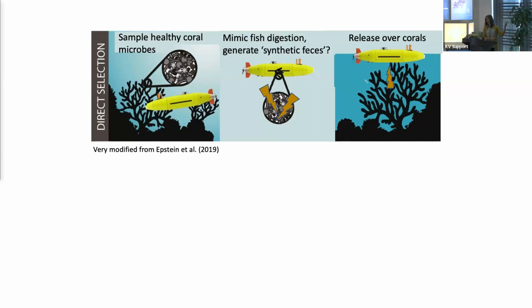Like, for example, a robot is not going to come and eat your outplanted juvenile corals, but a coral eating fish might.